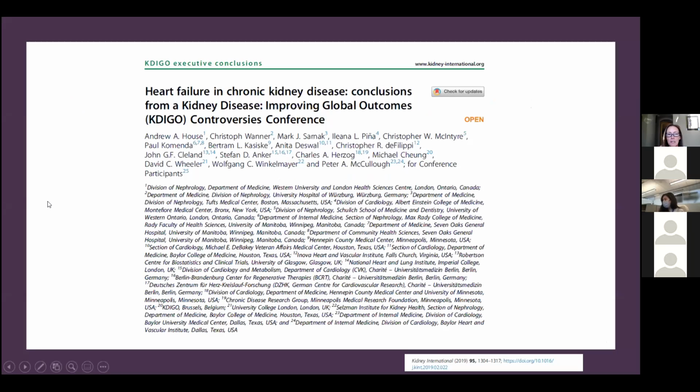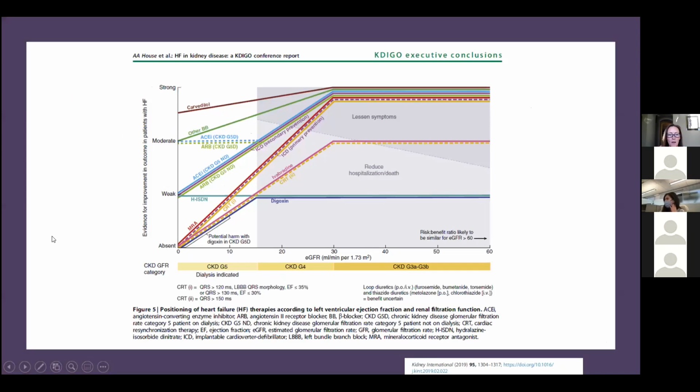This is a more recent guideline statement from the KDIGO group, this group and their impressive institutions. And this was just published in 2019. And this shows a summary of evidence for treating patients with ESRD and heart failure.